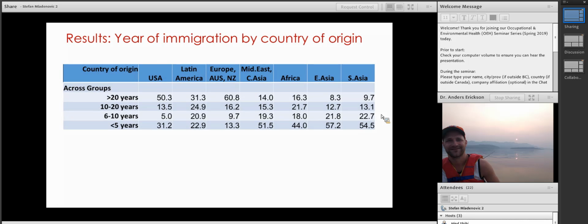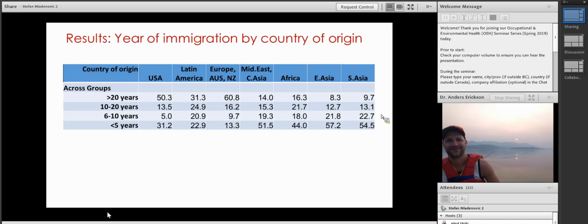When you look at country of origin, this variable is where they had citizenship prior to moving to Canada. So it might not be the best variable. We are now using country of birth, and this might change a little bit.